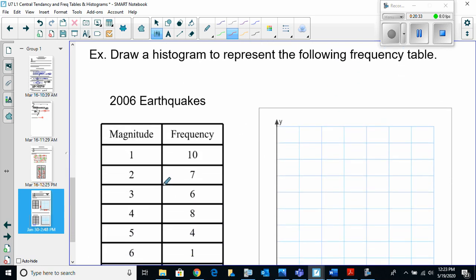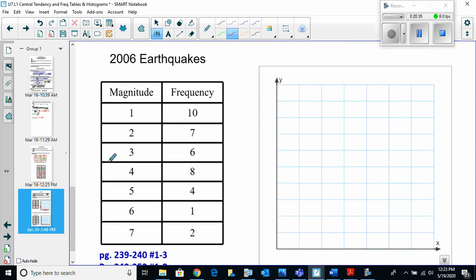Now, let's suppose that we have this information here. In 2006, the earthquakes happening in a certain place, it doesn't really matter where, have magnitudes 1, 2, 3, 4, 5, 6, 7, and the frequency is given here. As we said, the frequency will be on the y-axis.